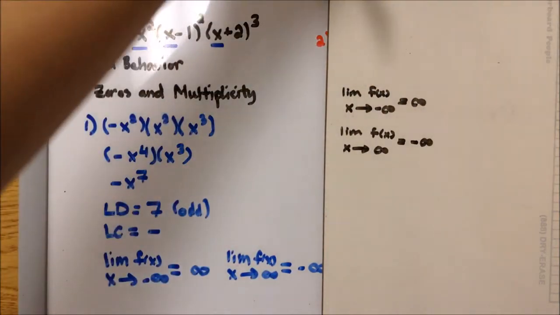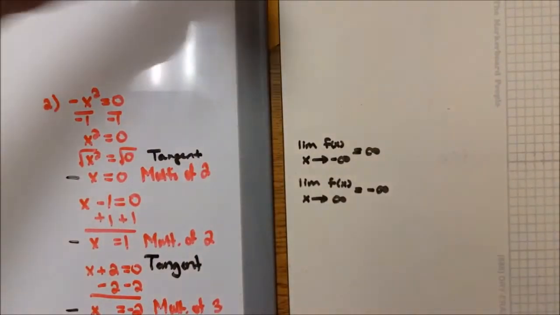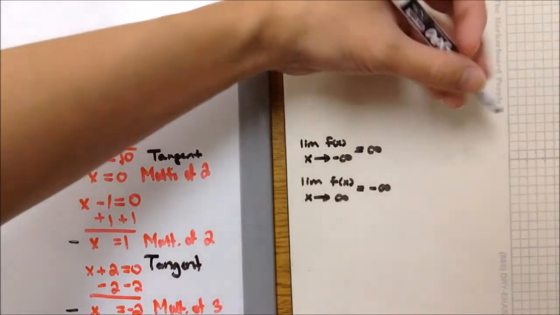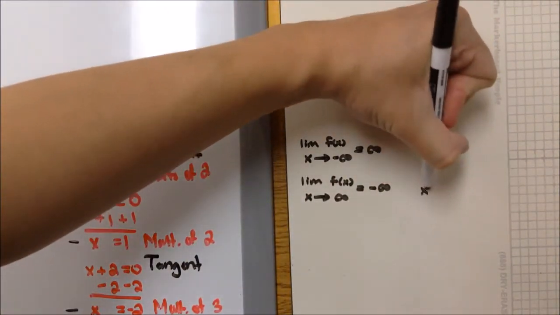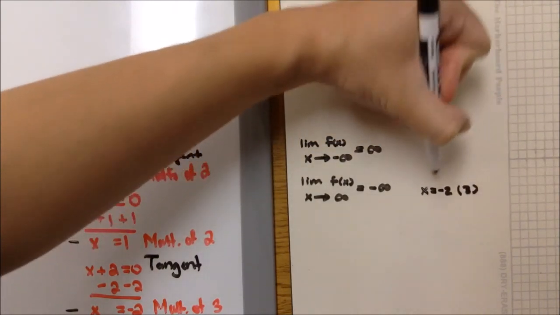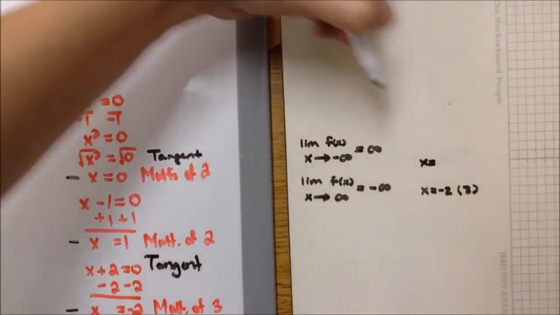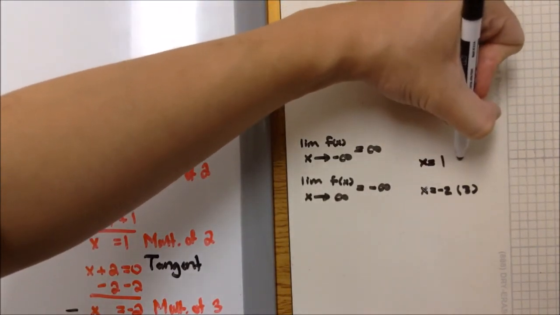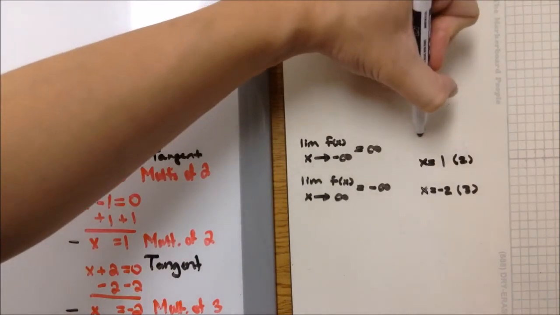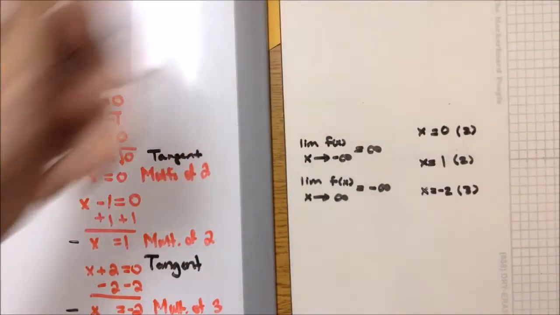Now, our zeros. So, I'm going to start with x equals negative 2, multiplicity 3, and then x equals 1 with a multiplicity of 2, and then x equals 0 with a multiplicity of 2.